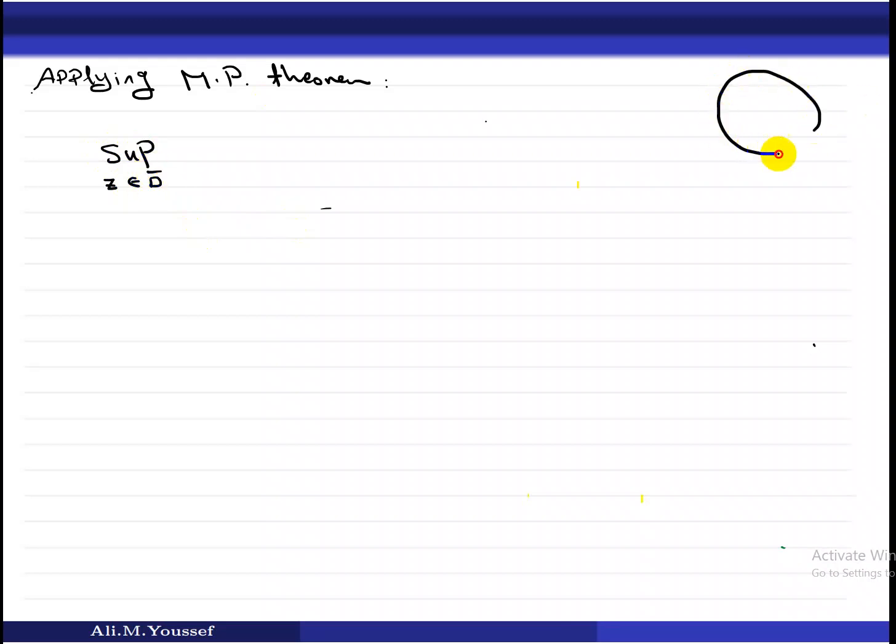So if we apply the Schwarz maximum principal theorem, we can say that the supremum over z in D closure. What's the D closure? This is a unit disk with the center 0 and radius 1.